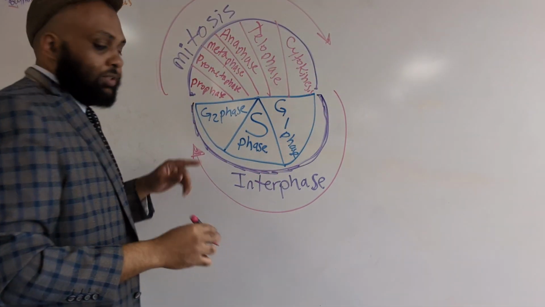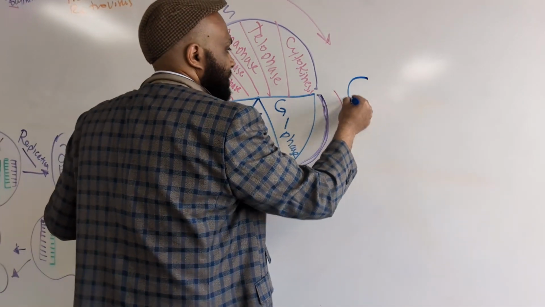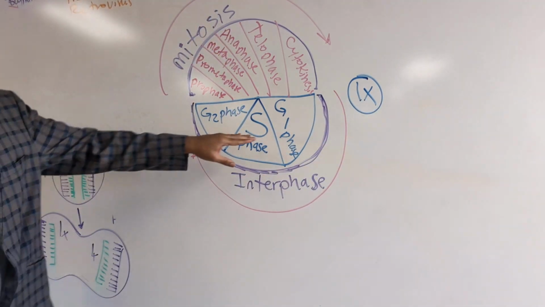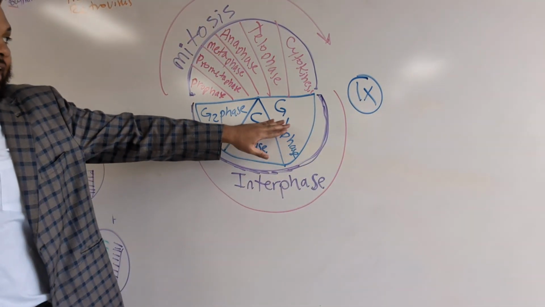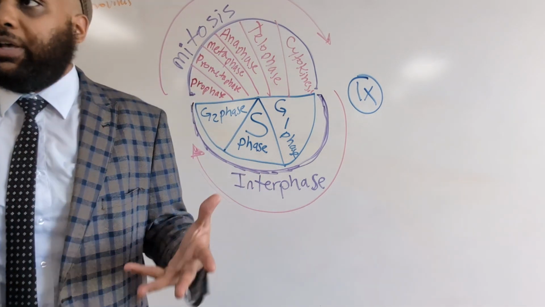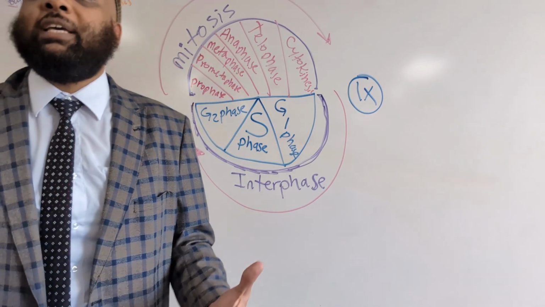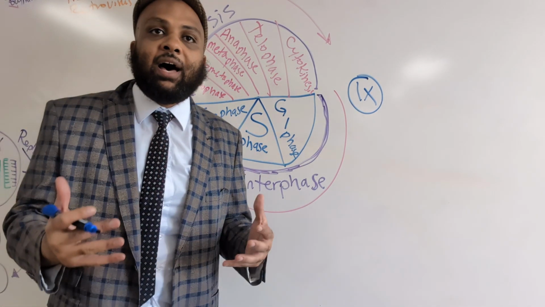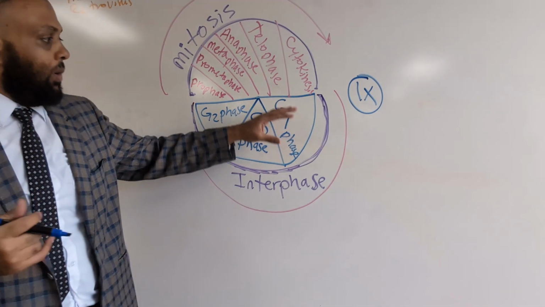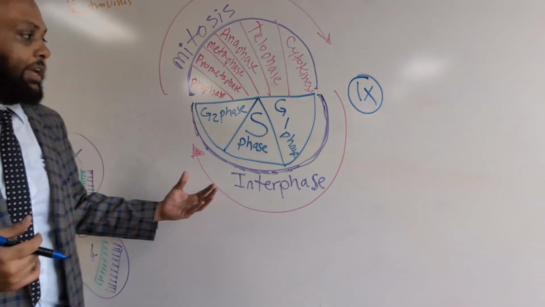So I start with one cell, with one X here. That's one X. In the G1 phase, that one X is going to go through a preparatory phase to prepare all the proteins and all the enzymes that are necessary for the cell to divide.